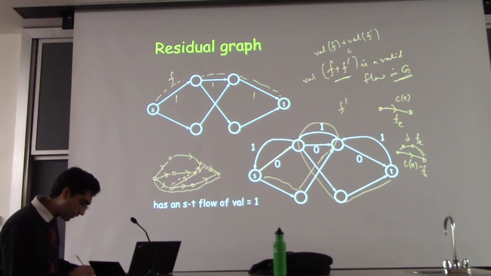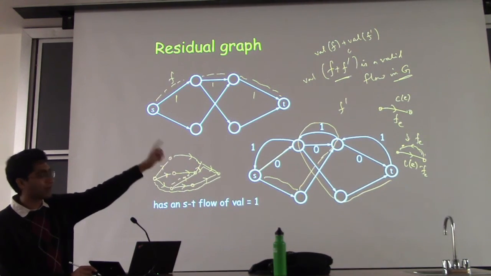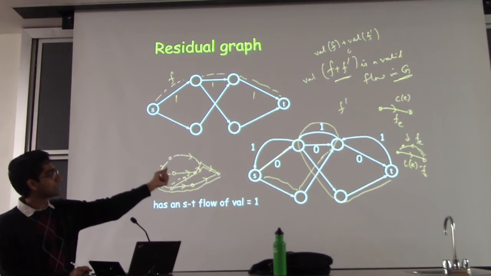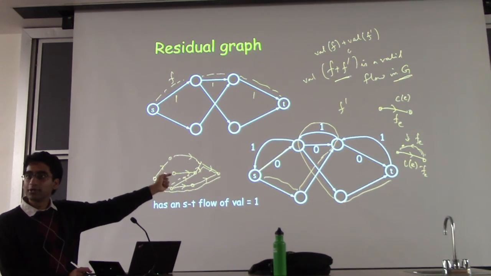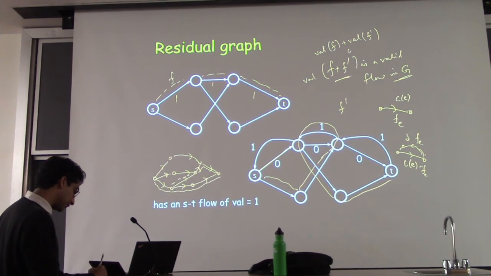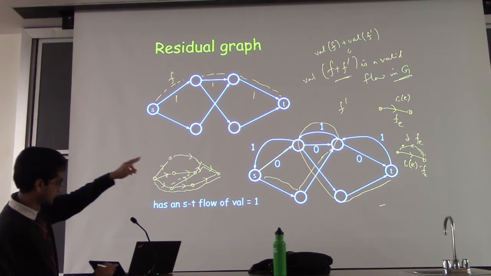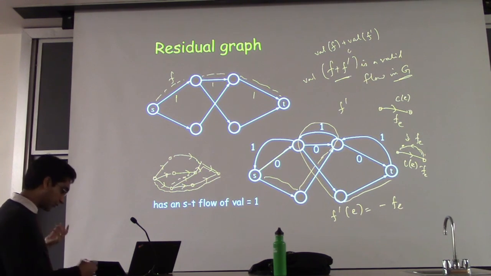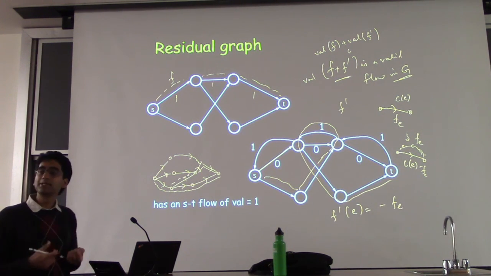So if in your new path you end up sending Fe units of flow along the backward one, then it's like saying in the original graph you sent 0 forward. You should think of it as F prime of E being minus Fe or something like this. So F plus F prime at this E will just be 0 in this case.